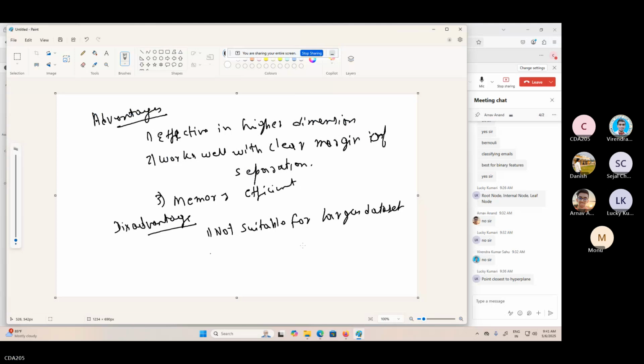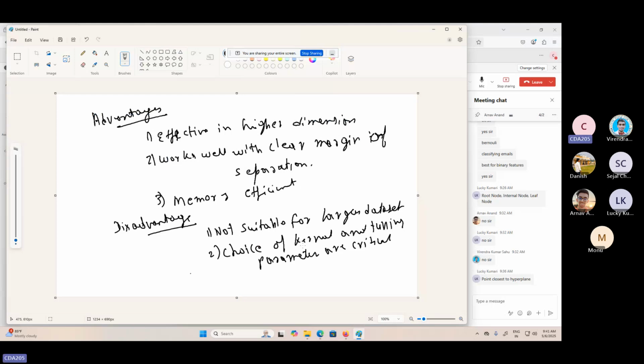Another one, the choice of kernel and tuning parameters are critical.